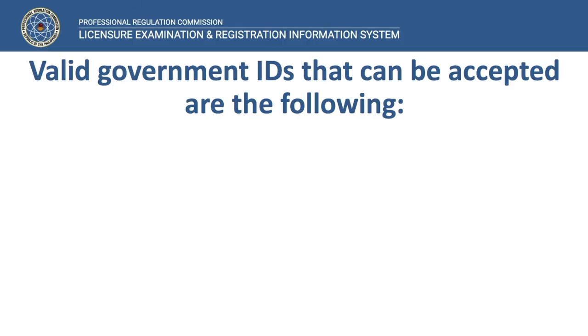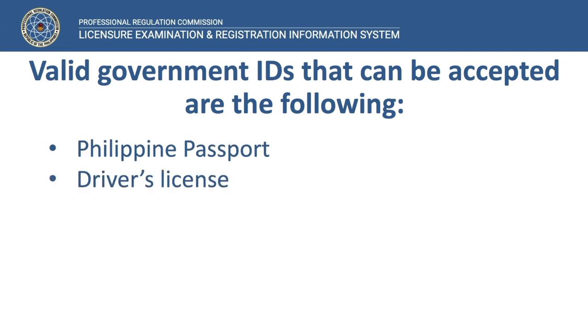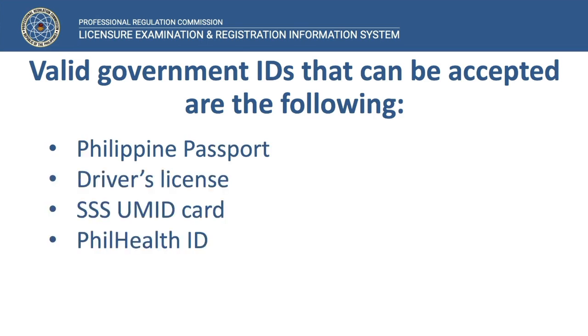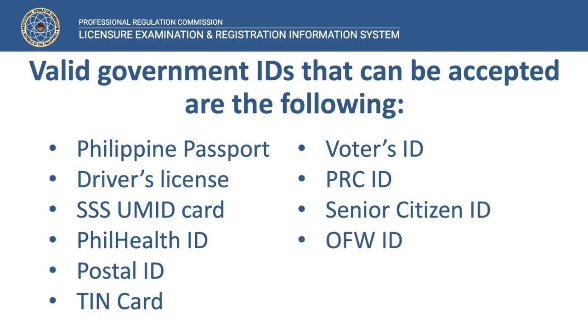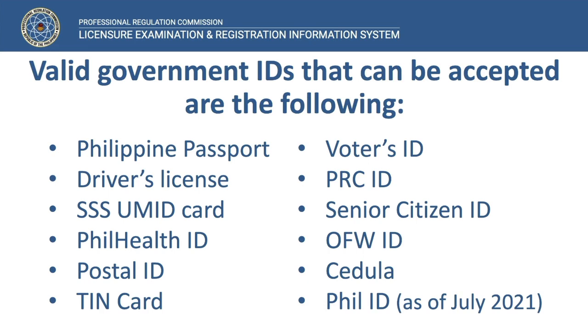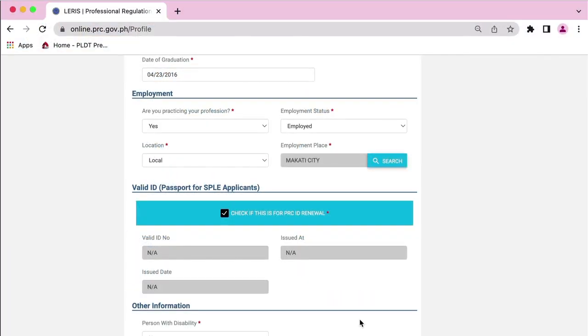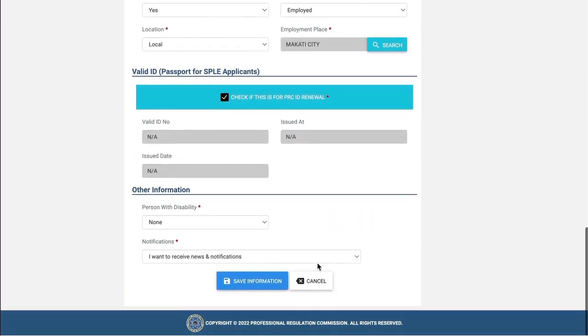Valid government IDs that can be accepted are the following: Philippine passport, driver's license, SSS UMID card, PhilHealth ID card, postal ID, TIN card, voter's ID, PRC ID, senior citizen ID, OFW ID, cedula, and the Phil ID. Again, double-check all the fields and click Save Information.